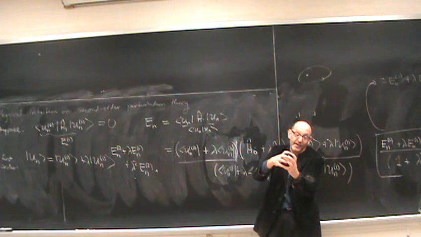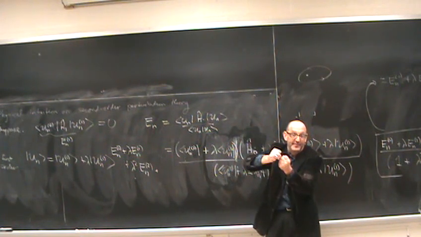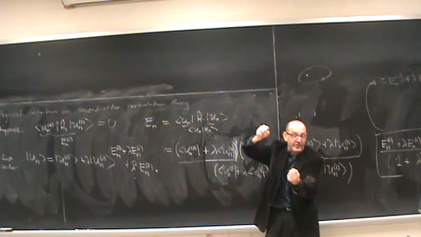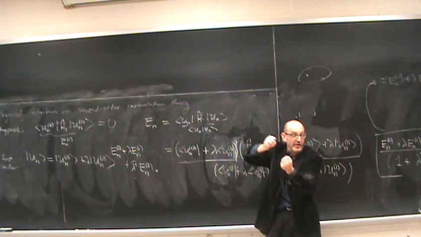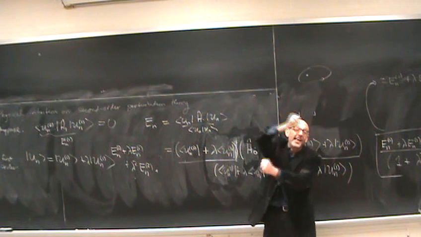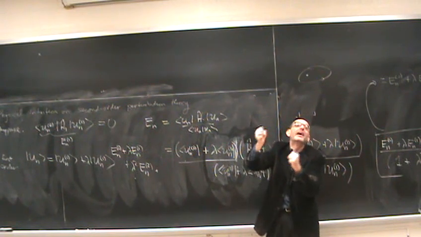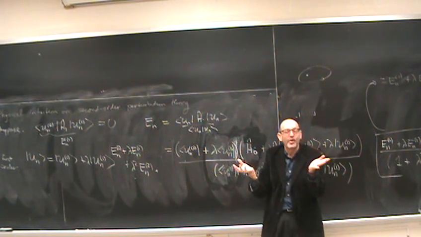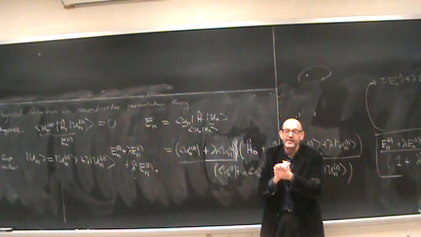But to 1st order, I perturb it, and I stretch the electron relative to the proton, and create an induced dipole moment. And that induced dipole moment then interacts with the field. That gives me a 2nd order effect. That's what we would call the quadratic Stark effect. So we will pick that up next time.